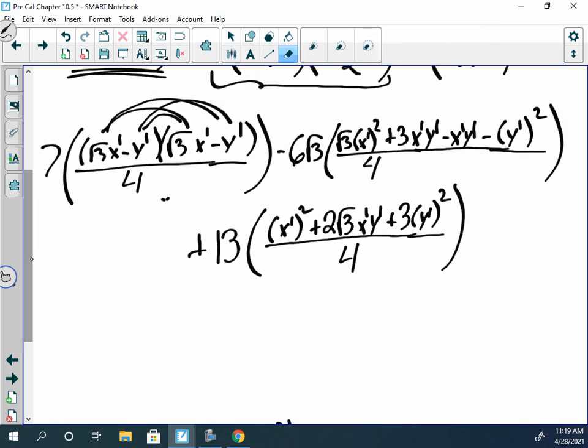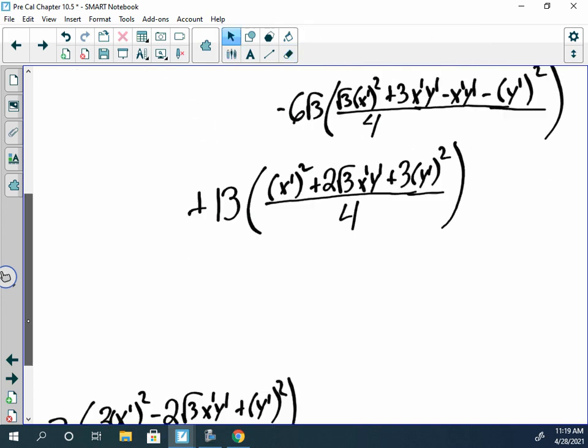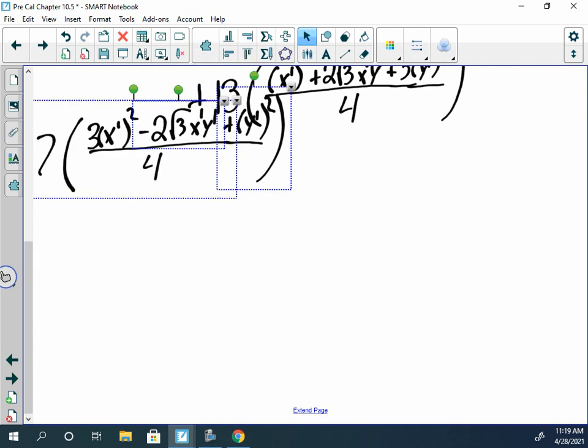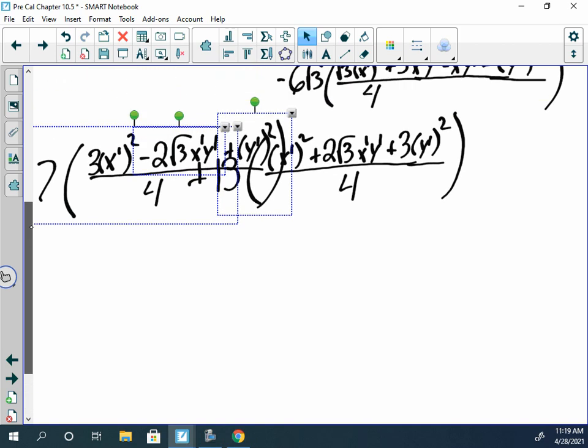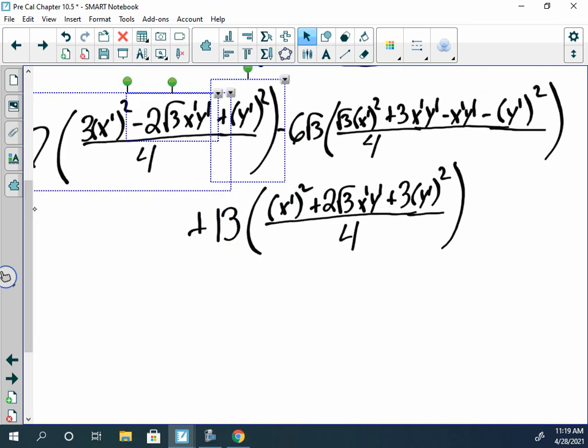For space's sake, I'm going to erase him here. Put that down. Move him in here.